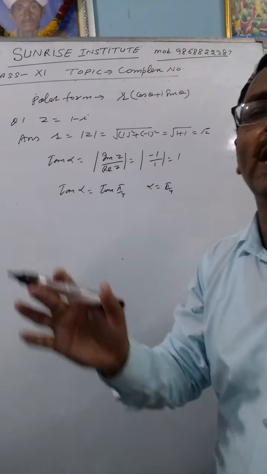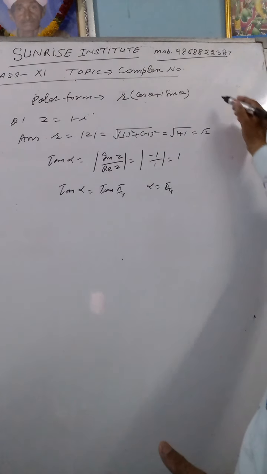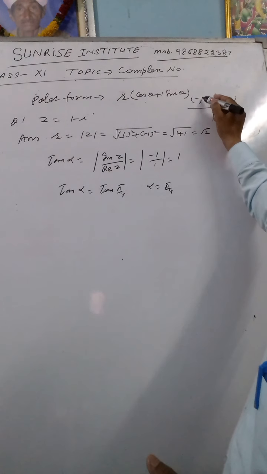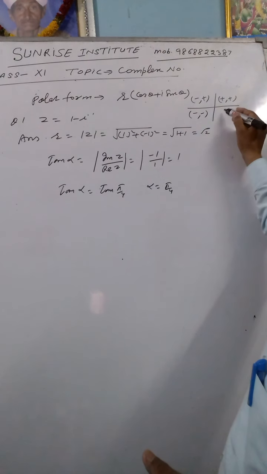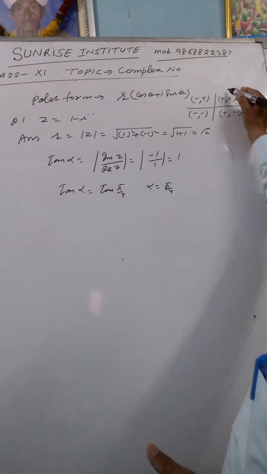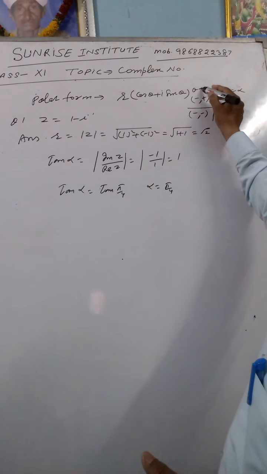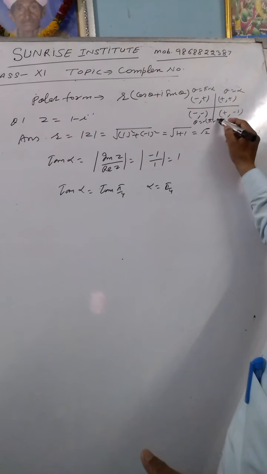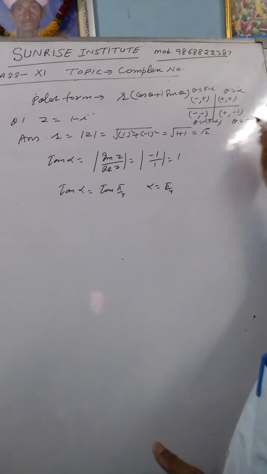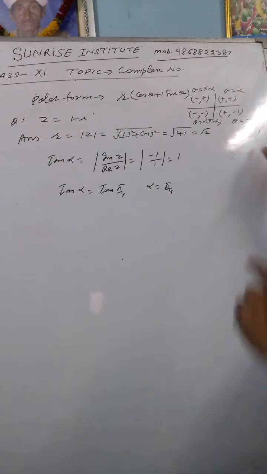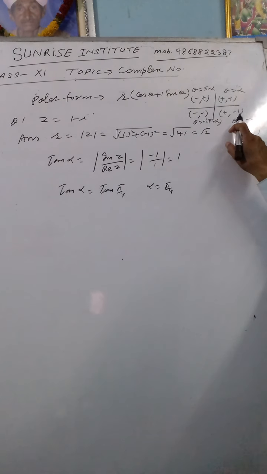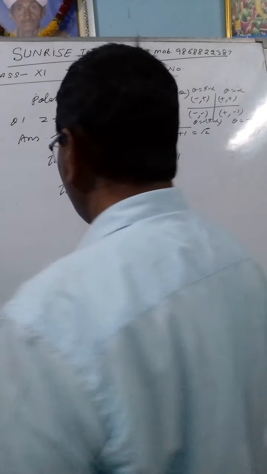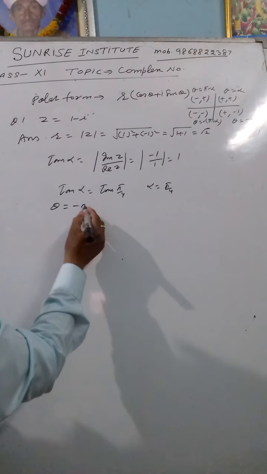First we see which quadrant it lies in; then we use this formula. Theta equal to alpha, theta equal to pi minus alpha, theta equal to minus pi plus alpha, and theta equal to minus alpha. This lies in the fourth quadrant. Then theta equal to minus alpha. Therefore theta equal to minus pi by 4.